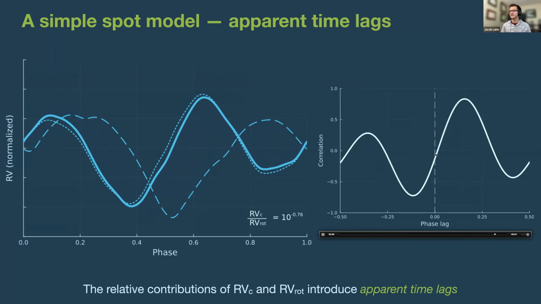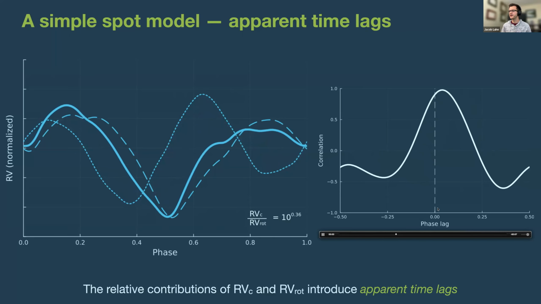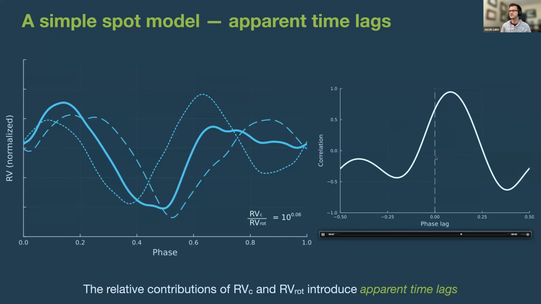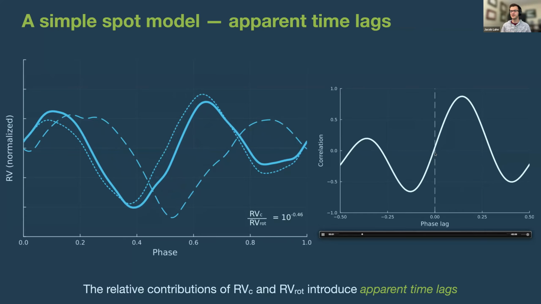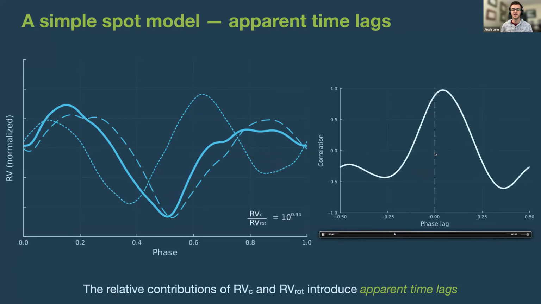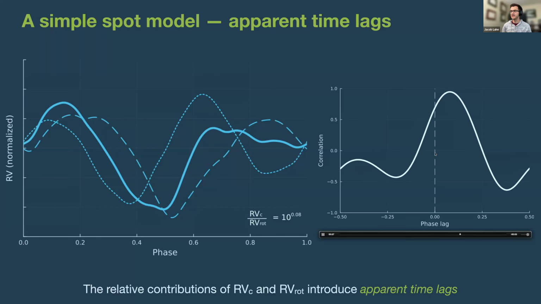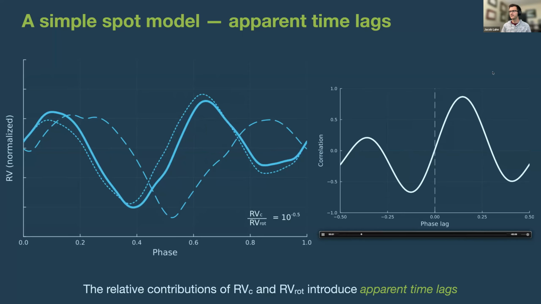You can see that if you didn't include a phase lag and just took the raw correlation between a time series of these two, in the case where there is a time lag, you can get correlations that are very small, or something that would suggest very little correlation, even though the two signals are directly related.